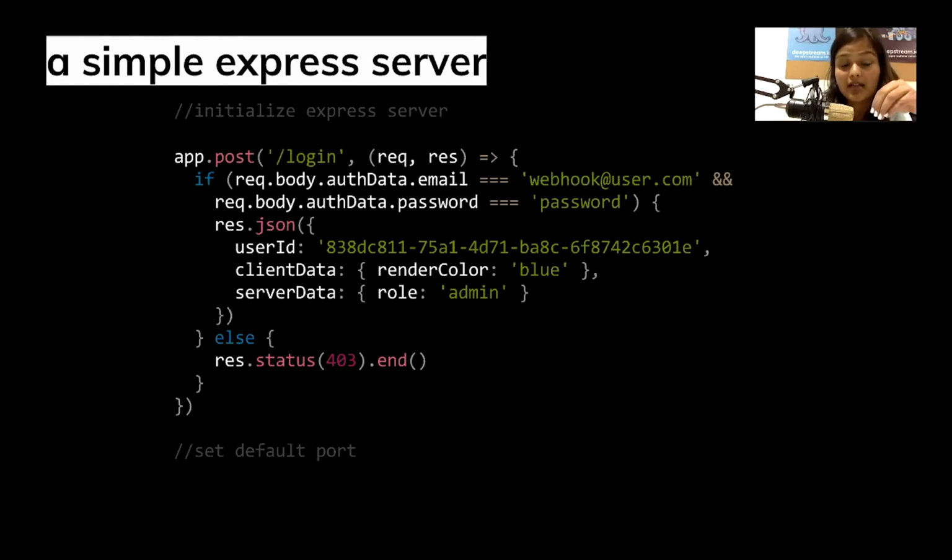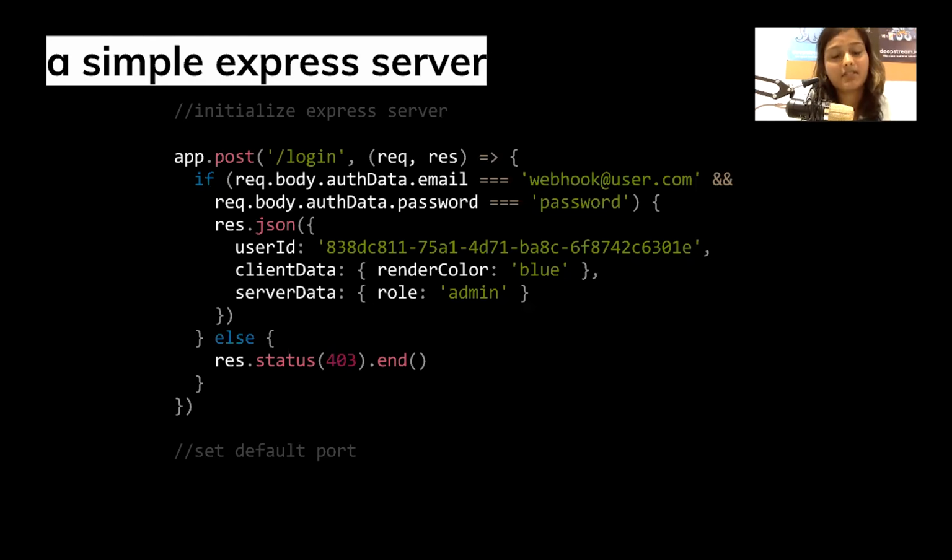Only if the request sent by the Deepstream server, which is just forwarded from the client, has webhook@user.com and password, I will allow the user. If it is any other auth parameter or some different kind of email or password, I will not authenticate the user successfully. If it is these, I would send the response in JSON format and say user ID is blah, blah, blah. And I will, of course, send client data and server data.